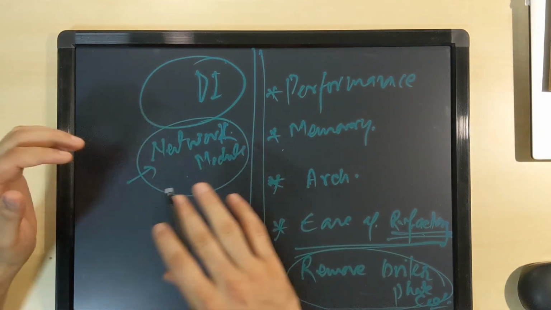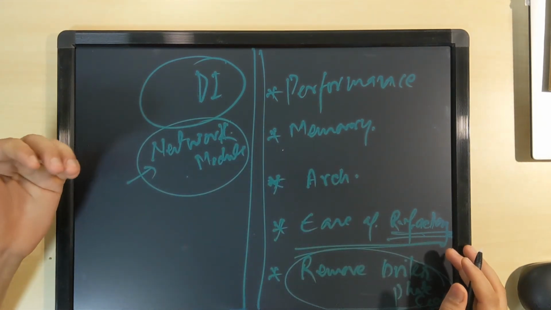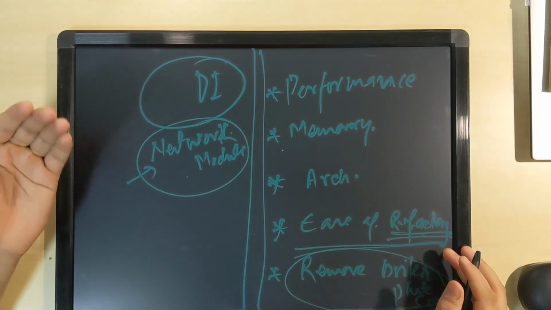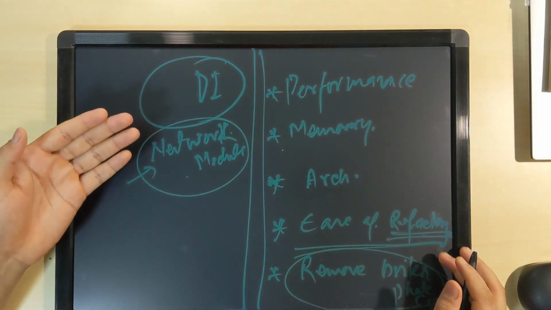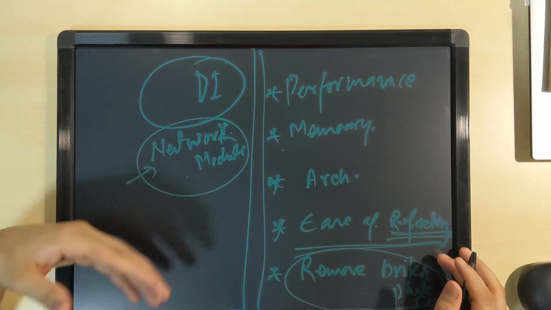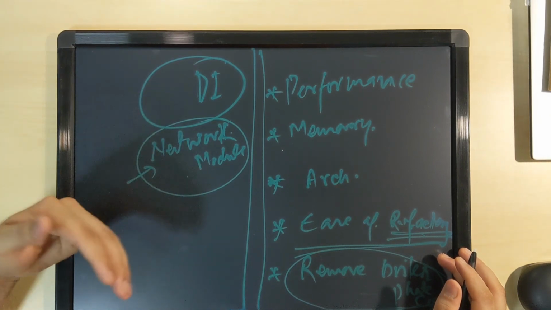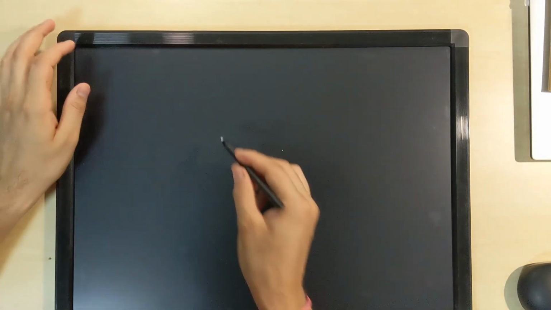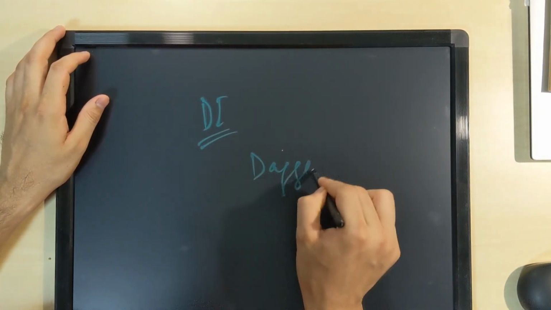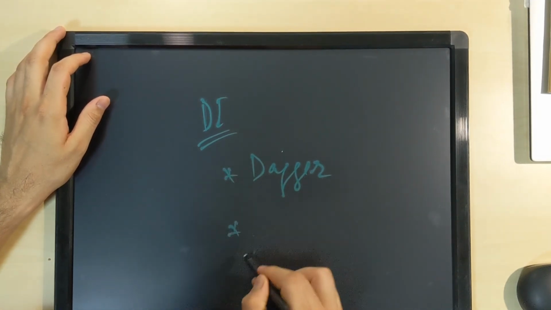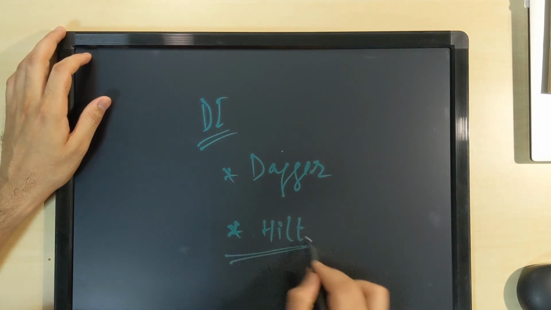So I hope you guys understand about dependency injection, why we are going to use it, what the benefit is, and what impact it will have on our application. Second thing, there are two dependency injection libraries. First one Dagger, and next one introduced by Google, that is Hilt.